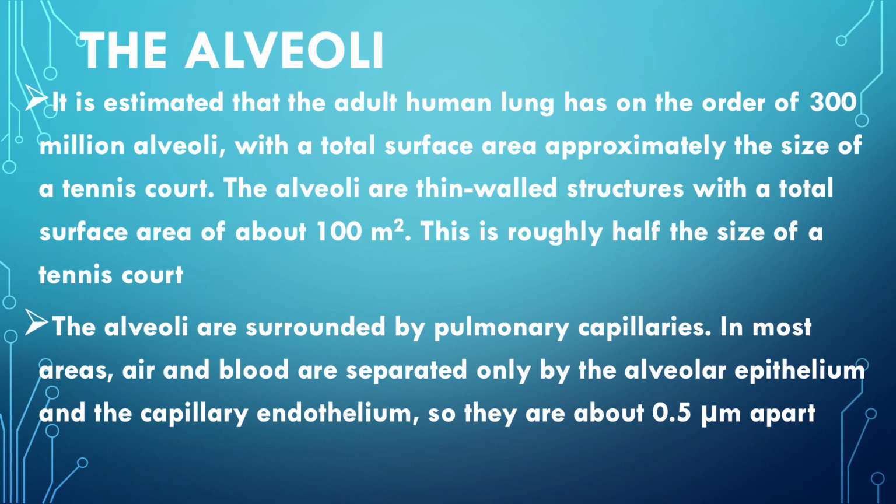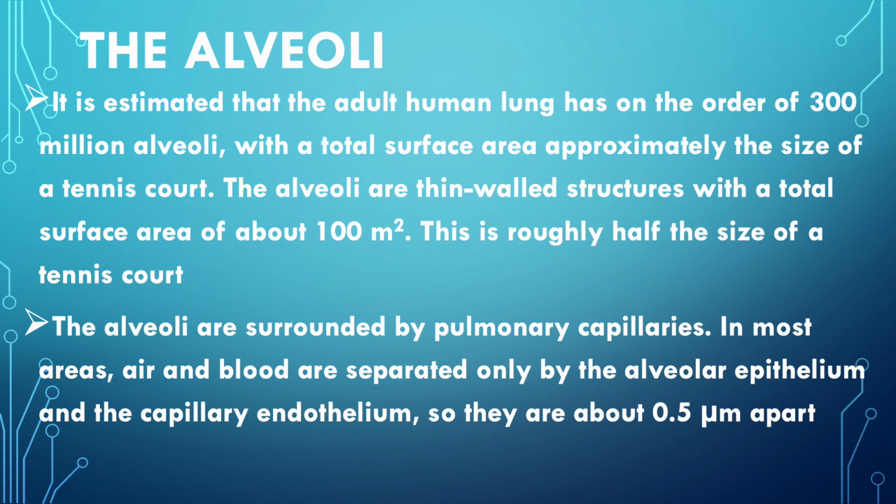The alveoli are thin-walled structures with a total surface area of about 100 square meters. This is roughly half the size of a tennis court. So 200 square meters equals the real tennis court.